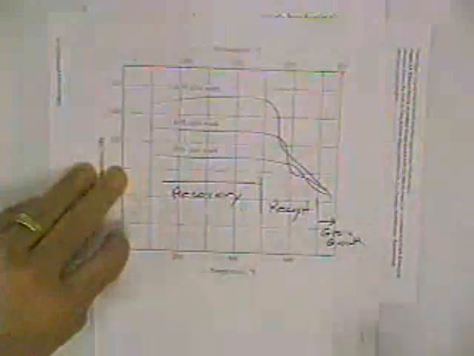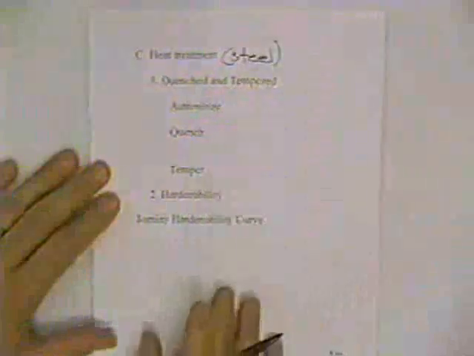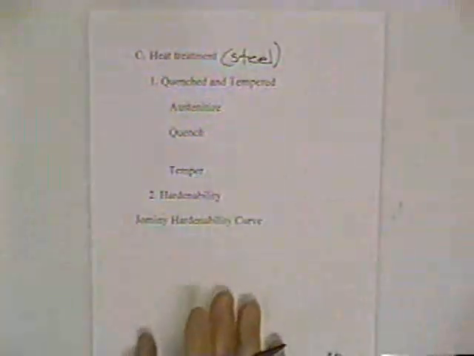This same material could be cold worked again, and the process could be done again. Now there's a way of heat treating materials so that you can change their strength also, and in particular the example that I am giving you here is for steel.